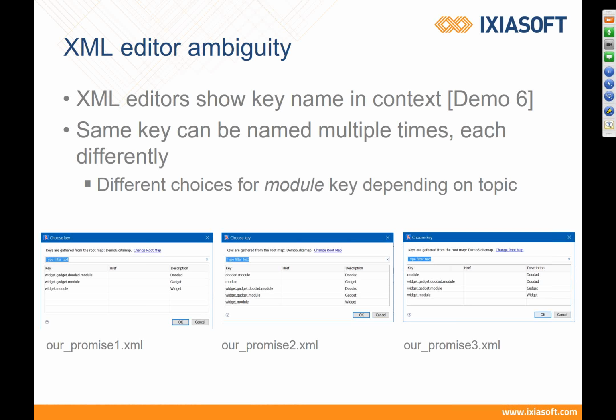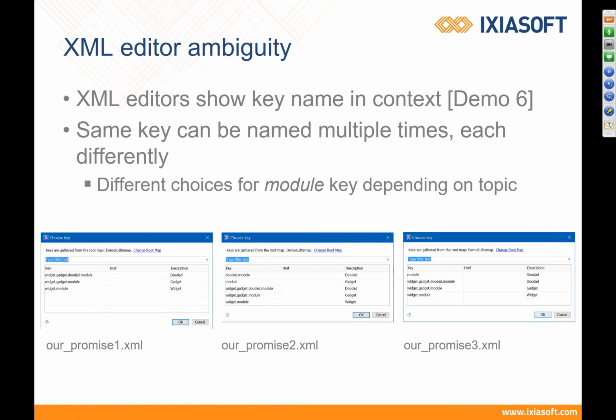An alternative to that is, say you have added this fully qualified key to your topic, and now you want to use this topic in a map that does not have a widget key space that contains a gadget key space that contains a doodad key space.